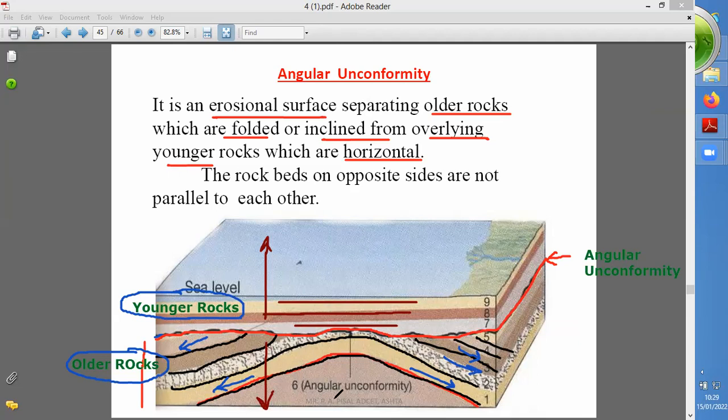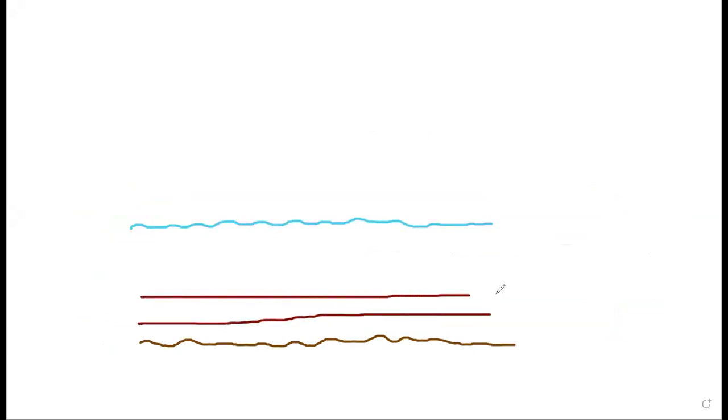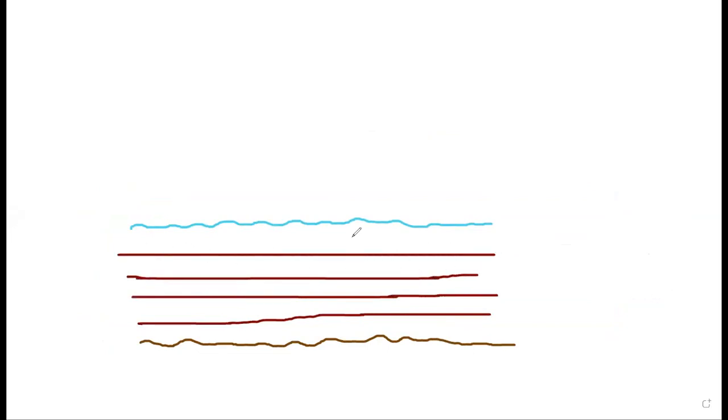Just a minute, I will explain. The same principle we have to take here. Suppose this is the bottom of a river bed, and this is the water surface. Various layers are deposited here. Suppose this is the first layer deposited, this is the second layer deposited, this is the third layer, this is the fourth layer. These four layers are deposited one by one.